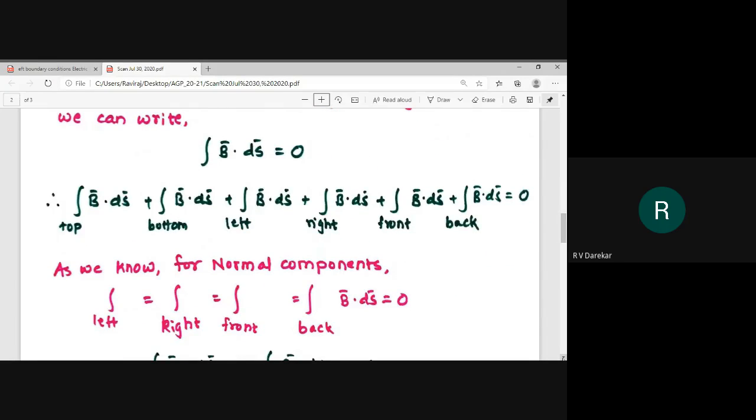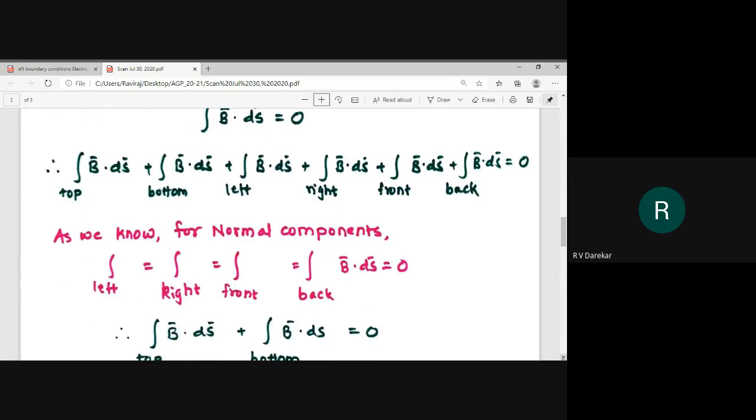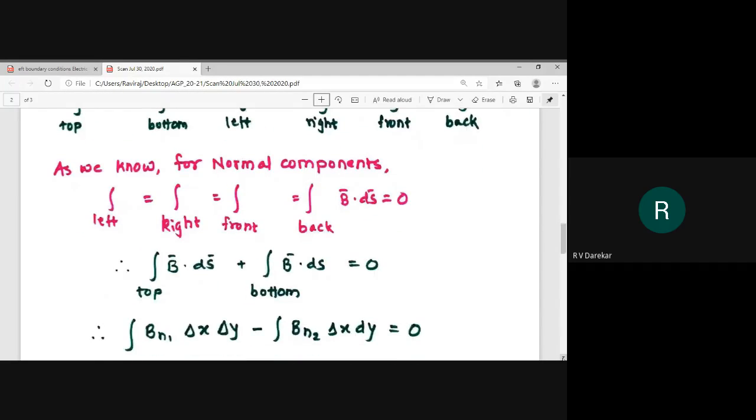As we are considering the normal component, as per the previous derivation, the integral of b bar dot ds bar on the left, right, front as well as back equates to 0. Therefore, we can write the integration of b bar dot ds bar over the top surface and over the bottom surface is equal to 0.